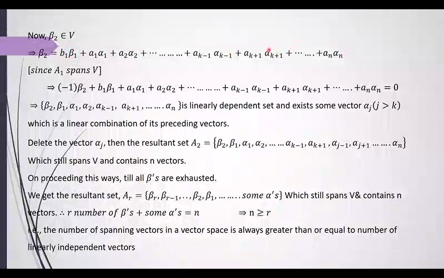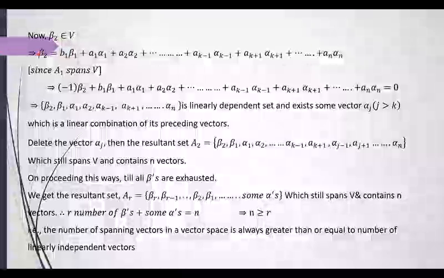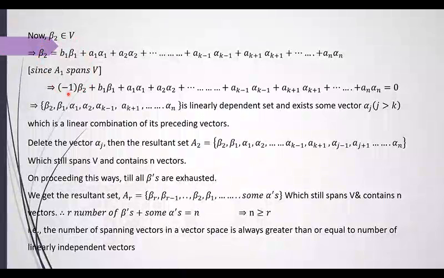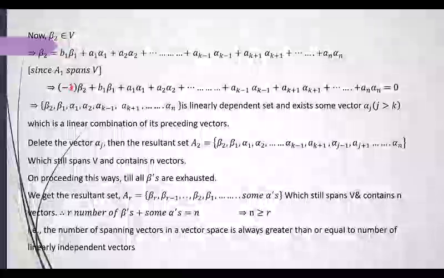Using these vectors we have written one linear combination. So beta 2, by taking it to the right hand side, its coefficient will become minus 1. Again, since it is minus 1, it is non-zero. This beta 2 can be included in the linearly dependent set.